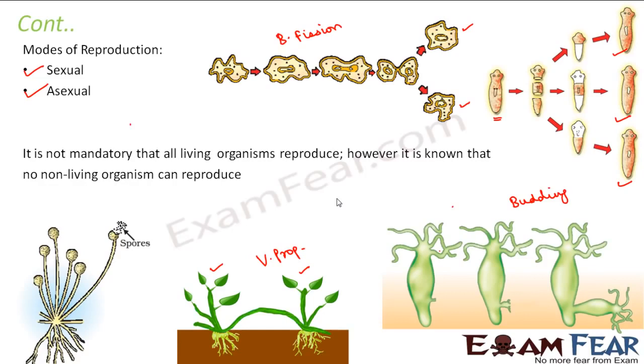So reproduction is not a necessity for an organism to be living, but only living organisms can reproduce. No non-living thing can reproduce. So if we see some organism is capable of reproduction, that means that organism is living. But if some organism is not capable of reproduction, then it might be living, or it might be non-living.